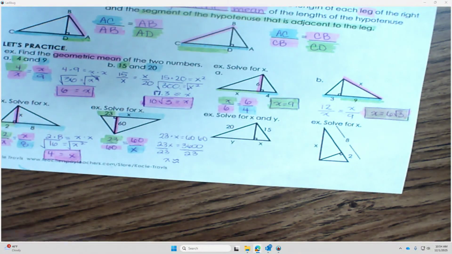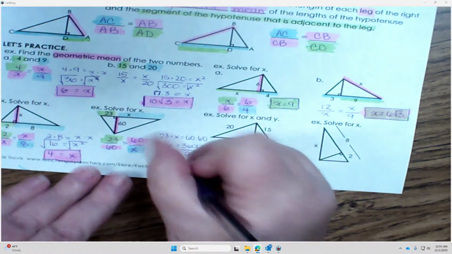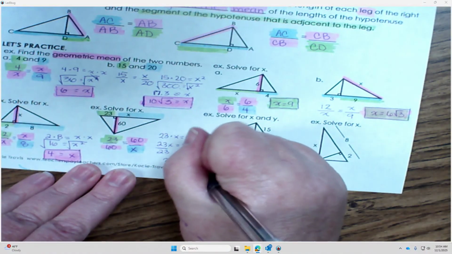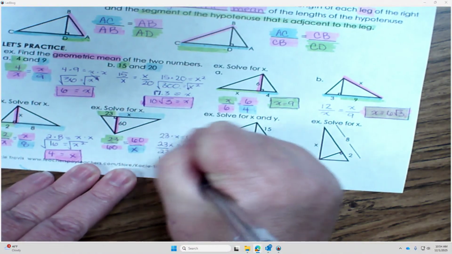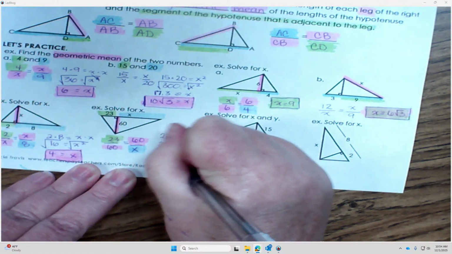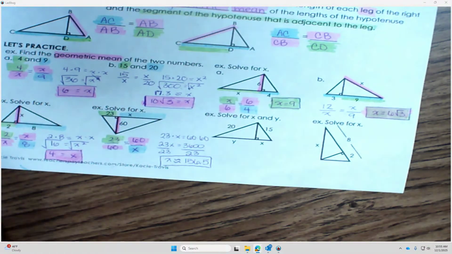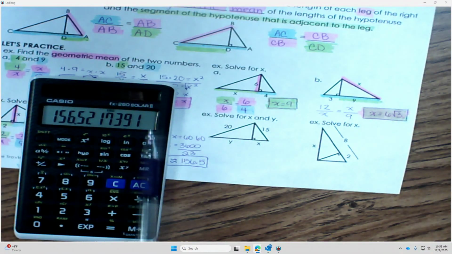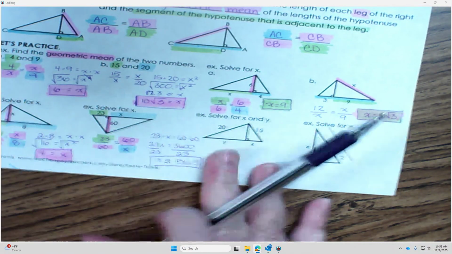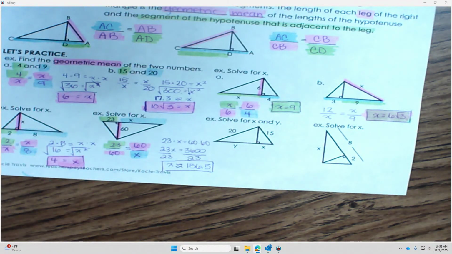We can come back to that later. So if you get 3600 divided by 23, that is 156, and we'll say 5/10. Notice that I used the squiggly equal sign because it's an approximation. I had to round. Okay. And that was my blue color.